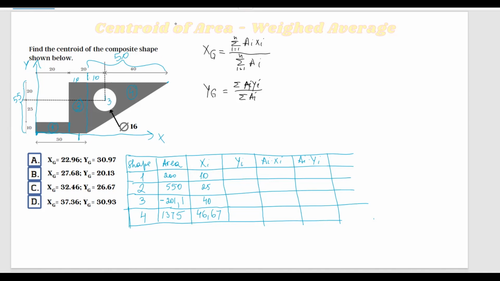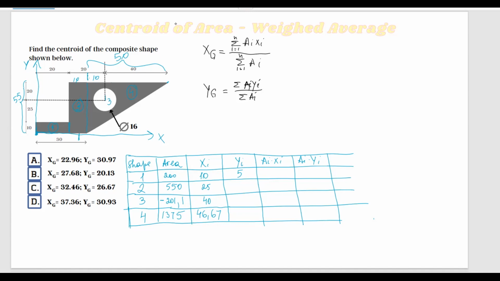Now we're going to have to find the vertical distance from 0 to the centroid of each shape. So shape number 1, the vertical distance from 0 to the centroid of this rectangle is going to be 10/2. So we have 5. Shape number 2, this is the other rectangle.